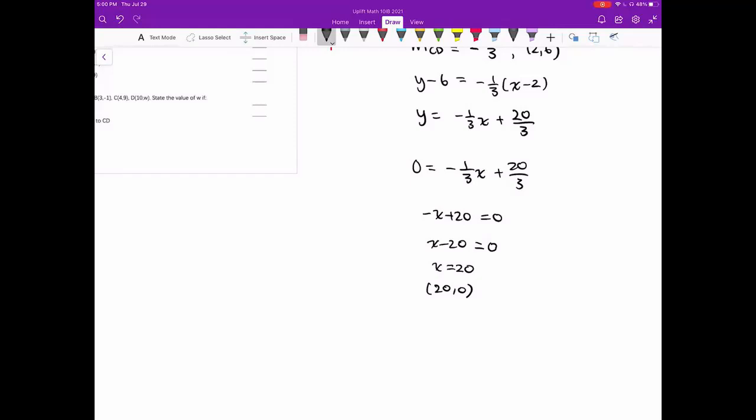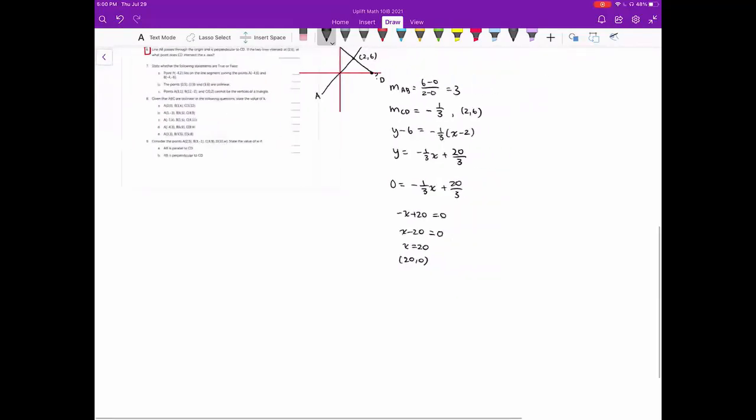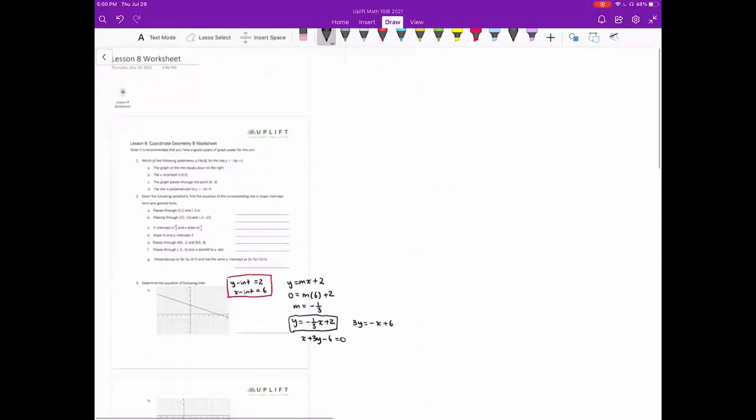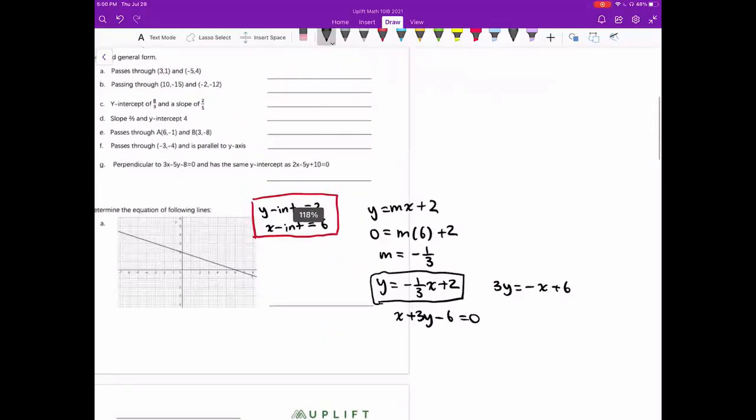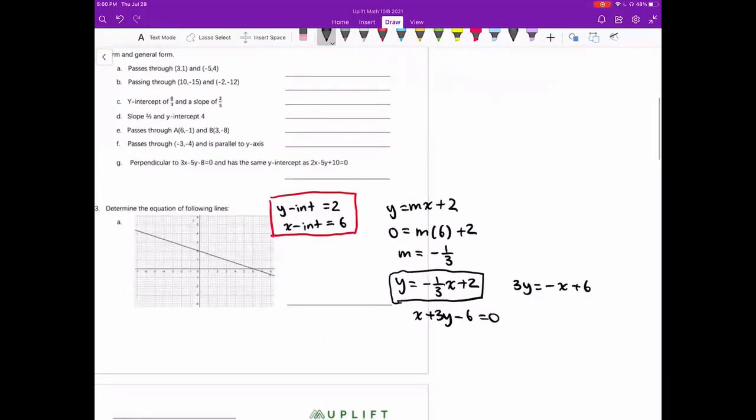Wait, can you scroll up? That's kind of harder for me. Oh, okay. How did you find the slope for the first question? Yeah, we just calculate the slope using the x-intercept and the y-intercept.